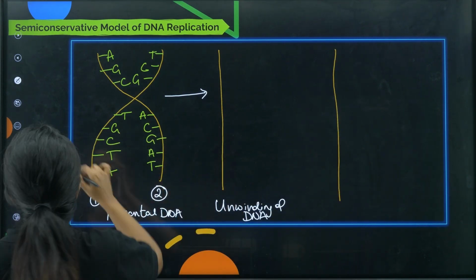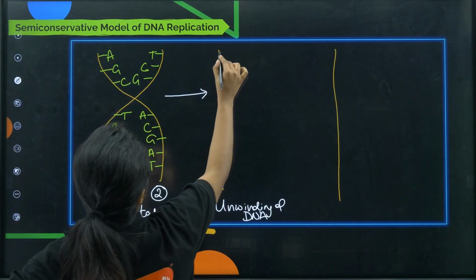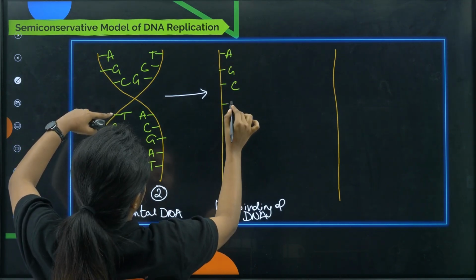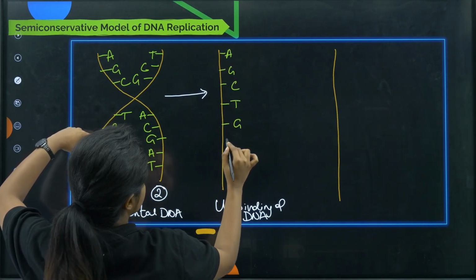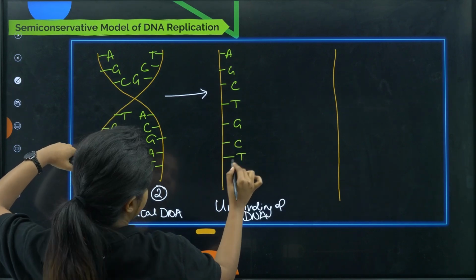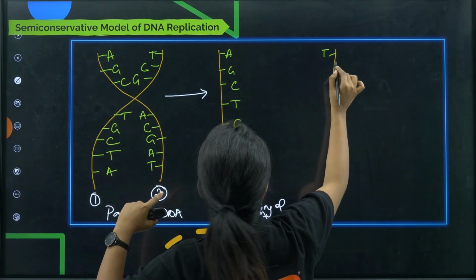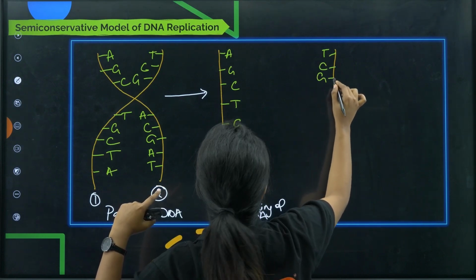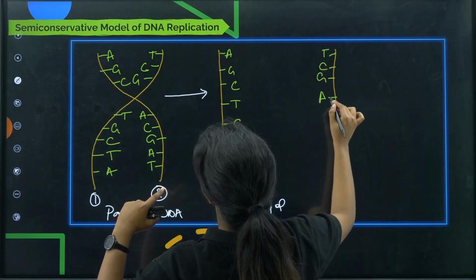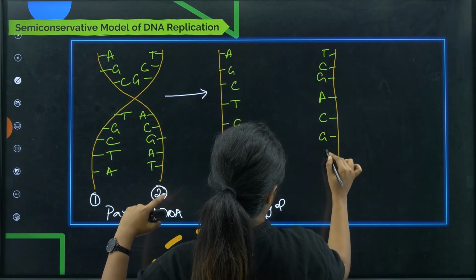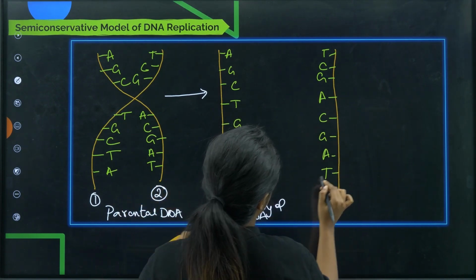Over here I had A, G, C, T, G, C, T, A. Here I had T, C, G, A, C, G, A, T. Right?